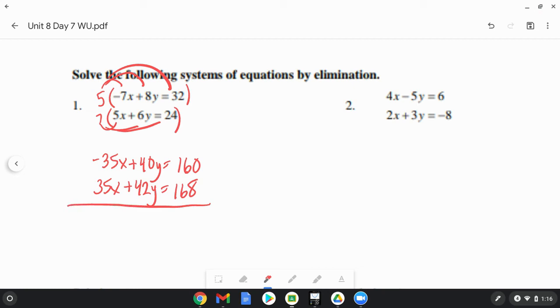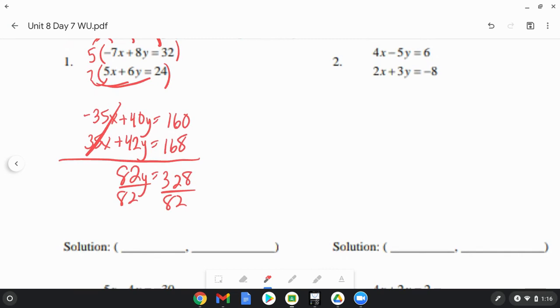So now I notice that the x's will cancel each other out, and that was our goal. And then we'd be left with 82y is equal to 328. Divide by 82. And I have y equals 4.